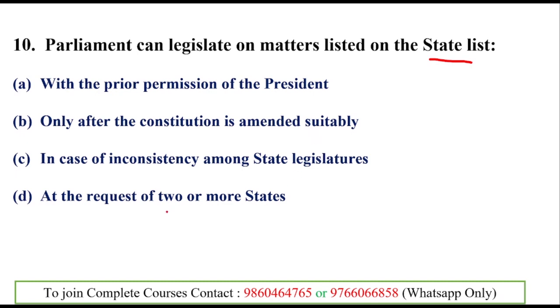The condition is mainly a request of two or more states, and at that request the Parliament can legislate on matters in the state list. The state list has 66 subjects, scheduled in the seventh schedule of the constitution. Okay.